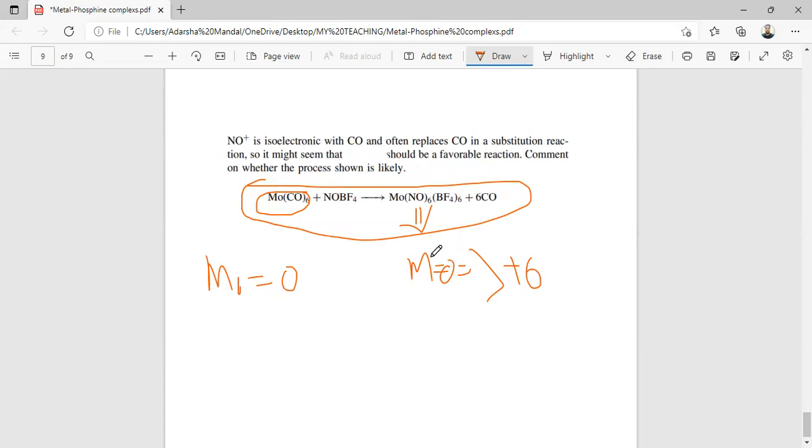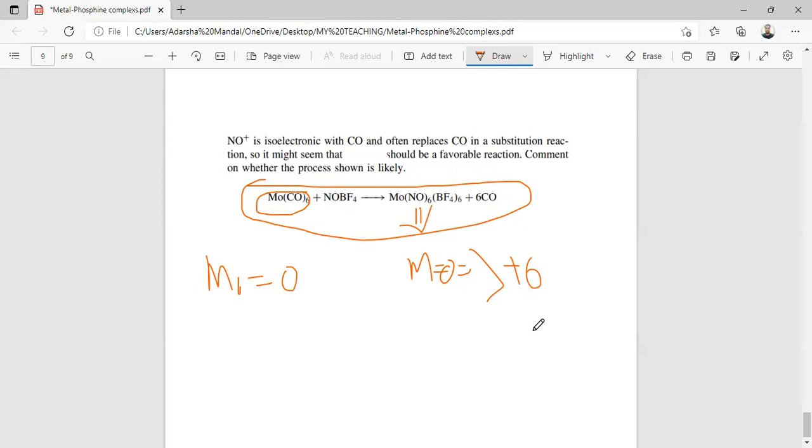So that's why this reaction is not favorable, because NO is not so electron donating that it will favor the plus 6 oxidation state of molybdenum. This reaction will not be favorable because the metal oxidation state changes by plus 6.